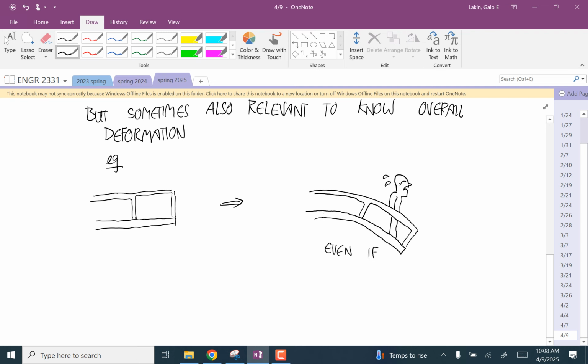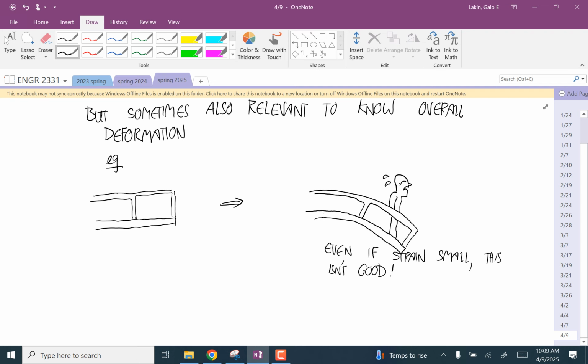So even if the strain is small. Is it possible that the strain could be small there? Yeah, it totally is possible.